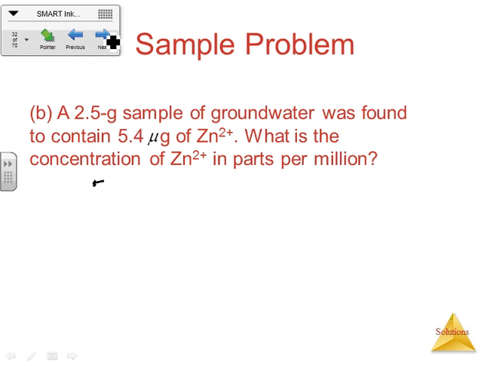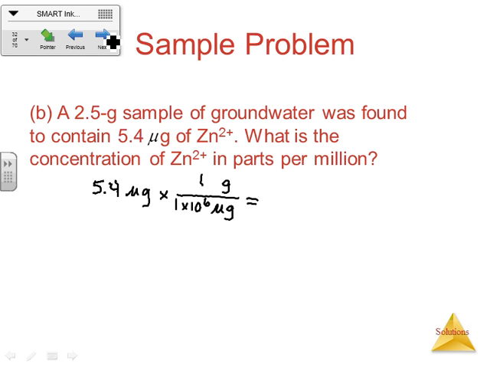So we've got 5.4, and I'm going to have to change these so that they're in the same units, right? So maybe we can actually talk about doing that first before we do our calculation here. In 1 gram, there's 1,000,000 micrograms. 1 times 10 to the 6th, basically.